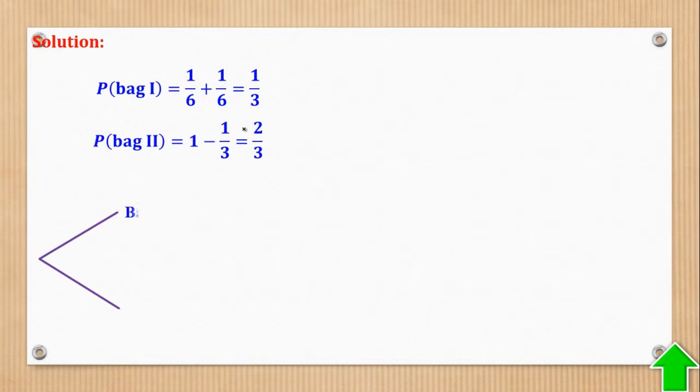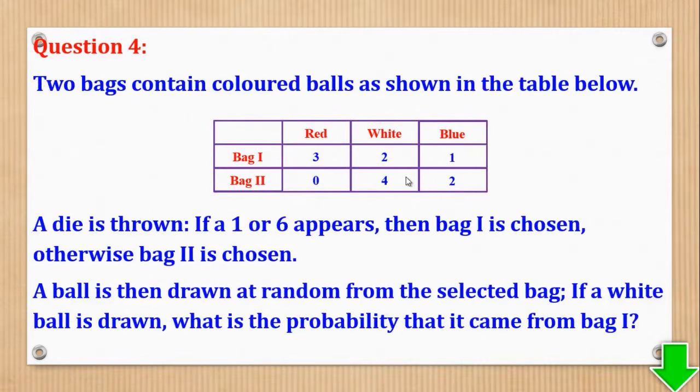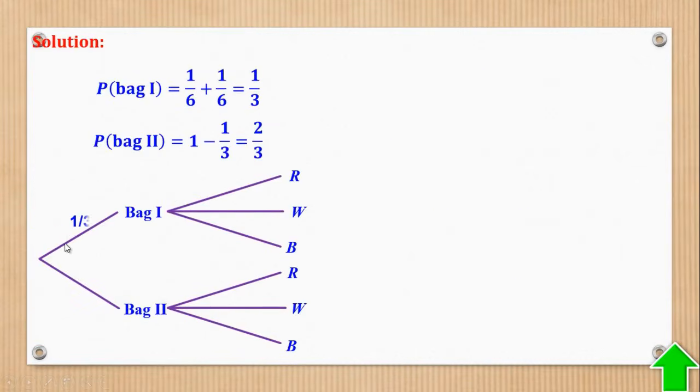Now that I've got that, I can draw my tree diagram. For each bag it has three options: red, white, and blue. Therefore bag 1 is 1/3, which is here, and bag 2 is 2/3.